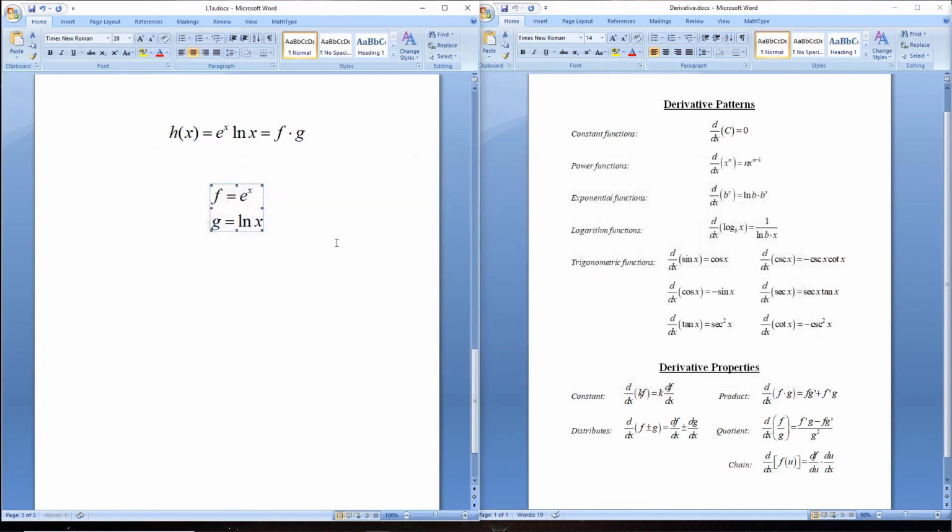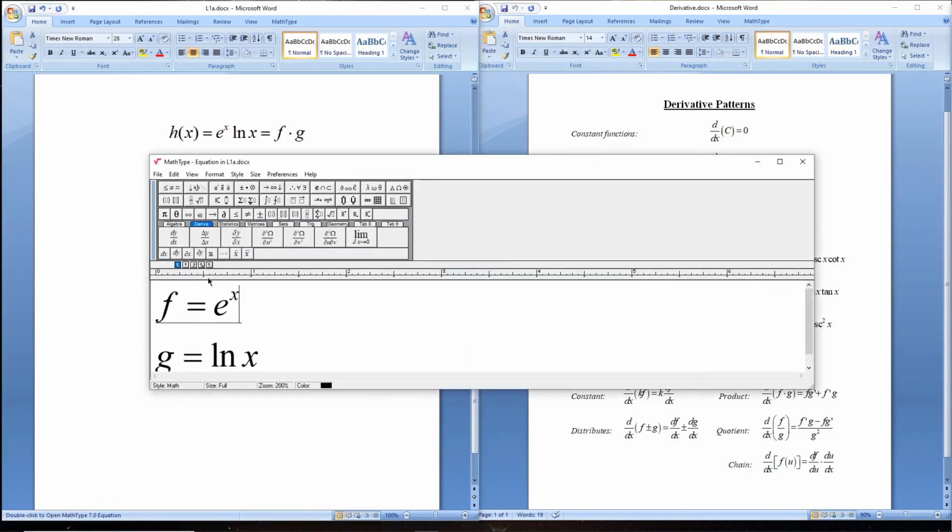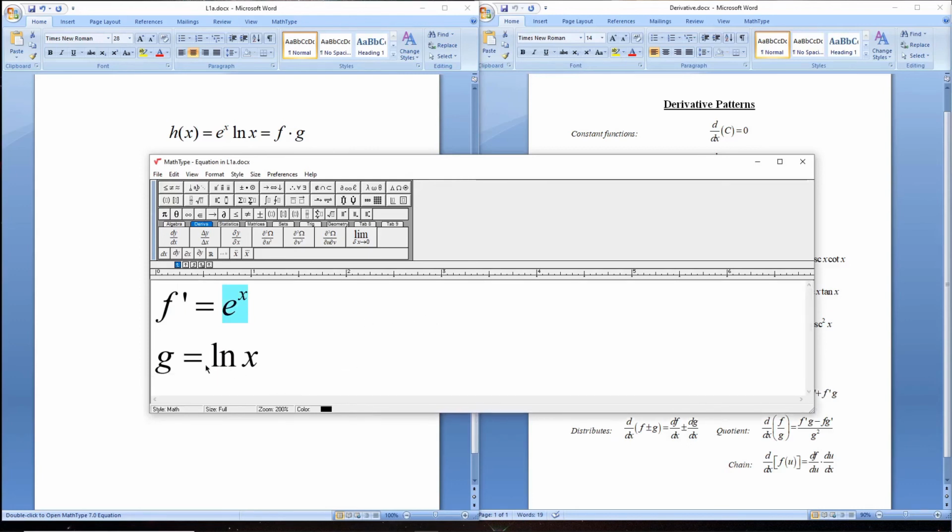That's what we're saying there. And now to complete the product and quotient rule, we will need the derivatives here. The derivative of e to the x is always itself. And the derivative of g, the derivative of natural log of x, is 1 over x.